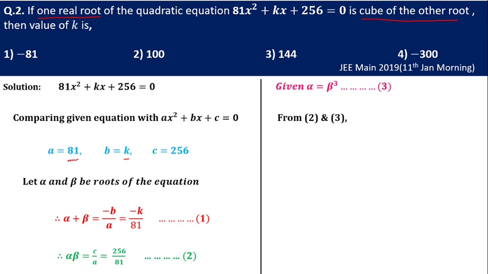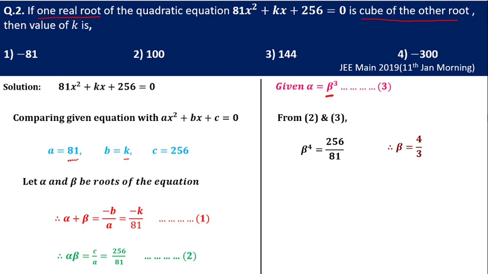Now we are solving equations 2 and 3. That means this value of alpha as beta cube I can put in equation number 2. So it becomes beta raised to 4 is 256 upon 81. From this you can get the value of beta, and it is simply 4 upon 3.